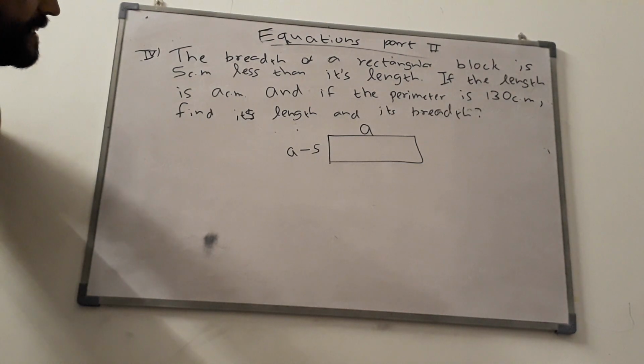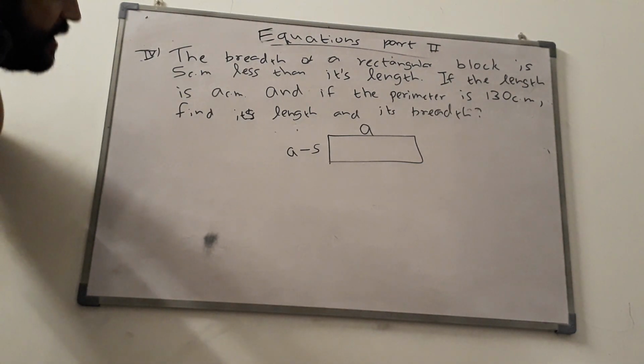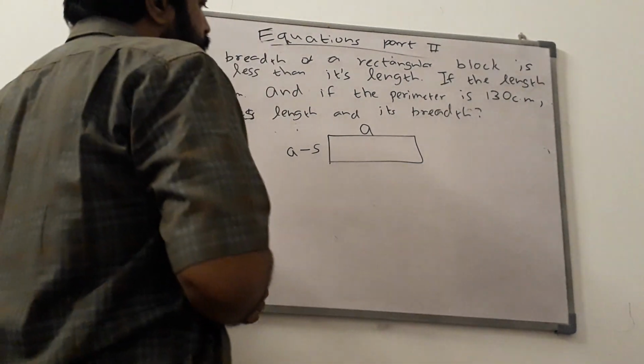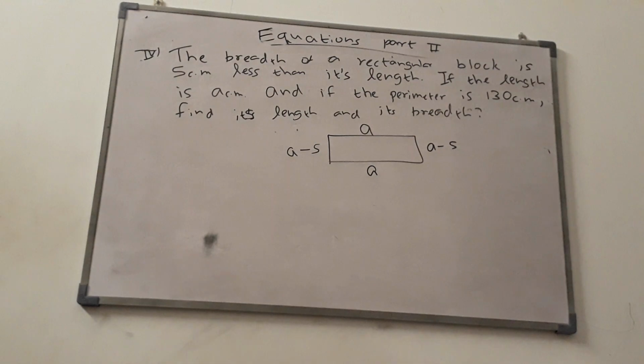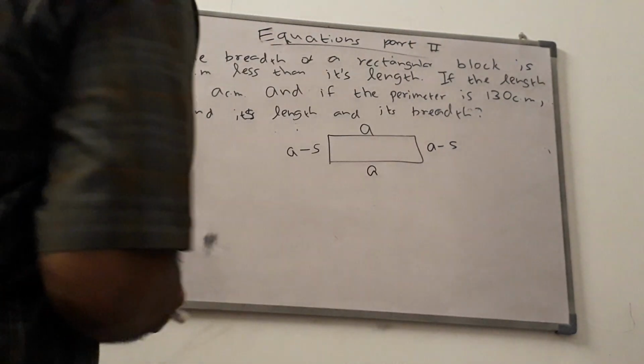There are two methods, but I am going to do this by adding all 4 lengths, 2 lengths and 2 breadths together.